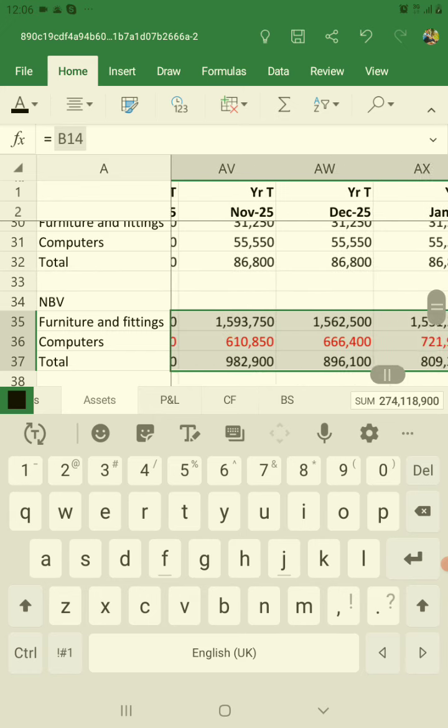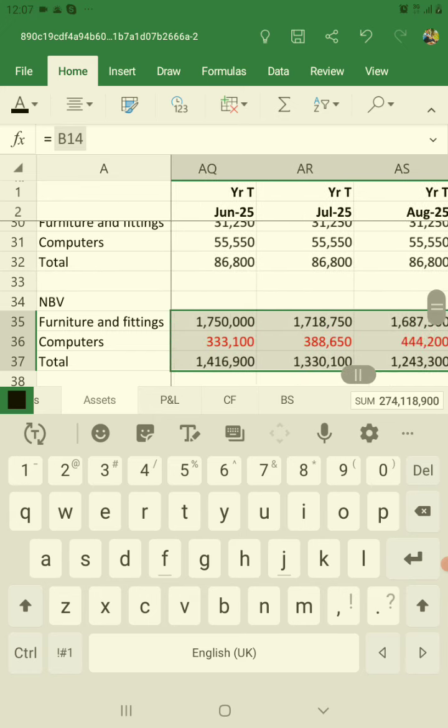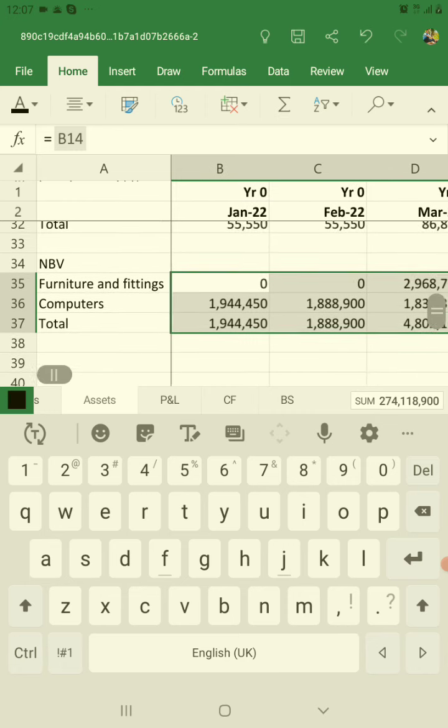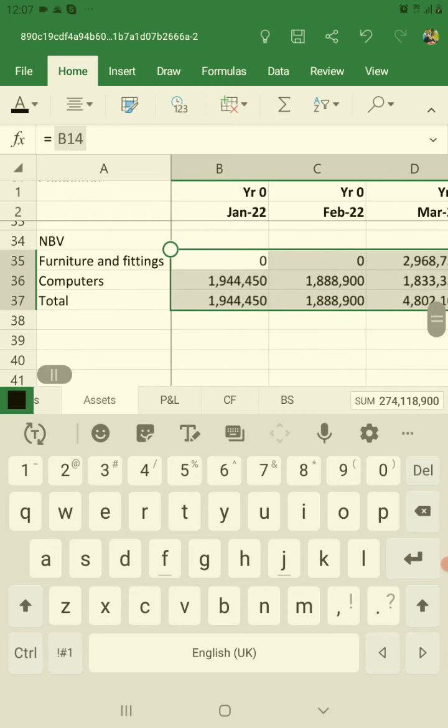Okay, now after that, our components that are needed to be input into our financials about fixed assets are already arranged.